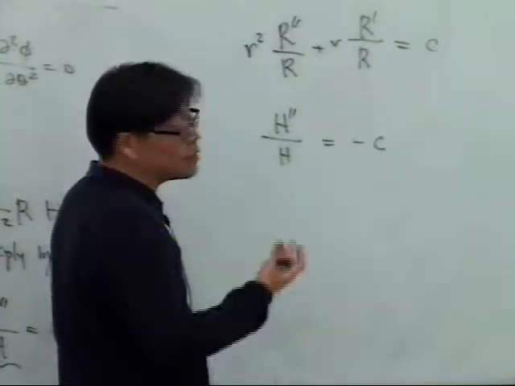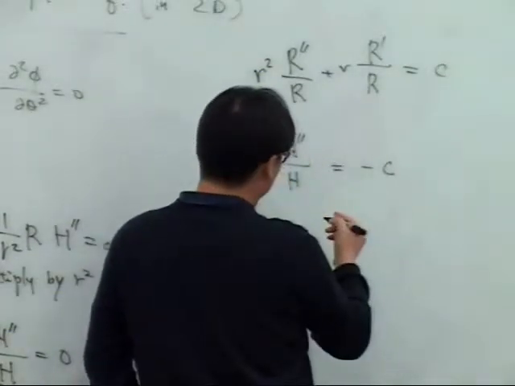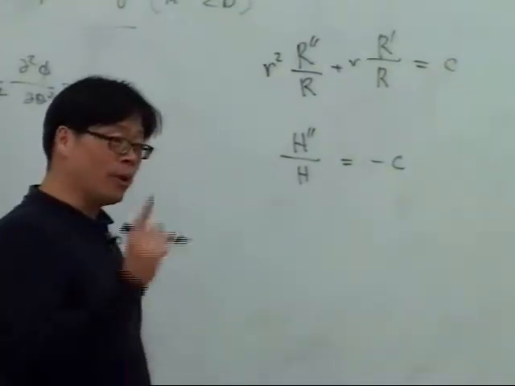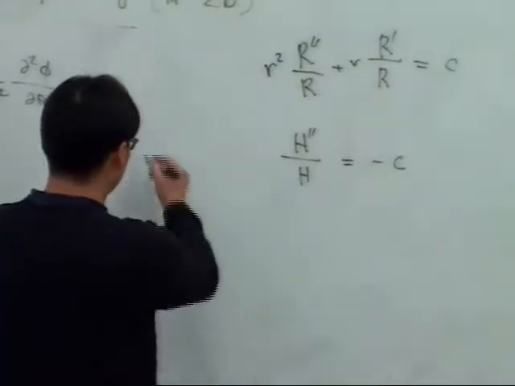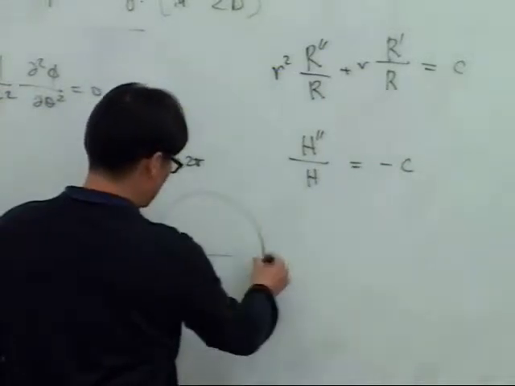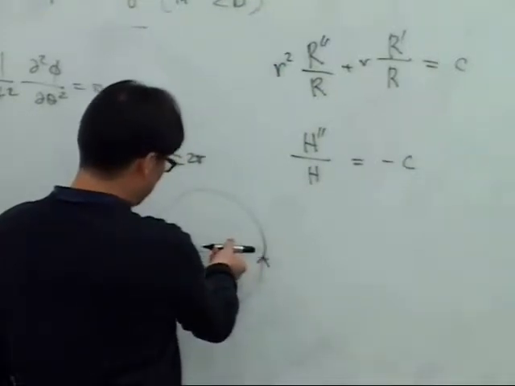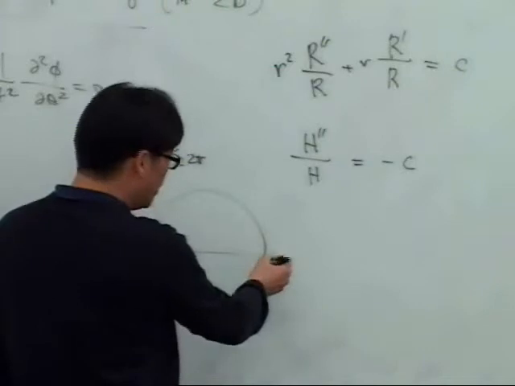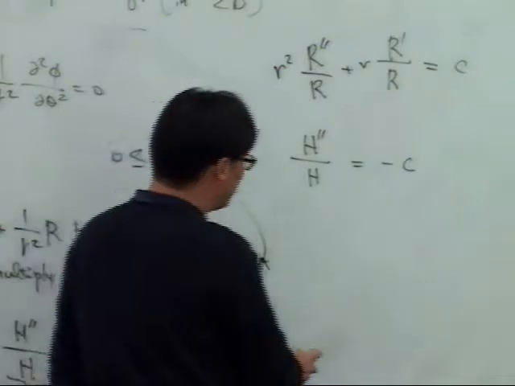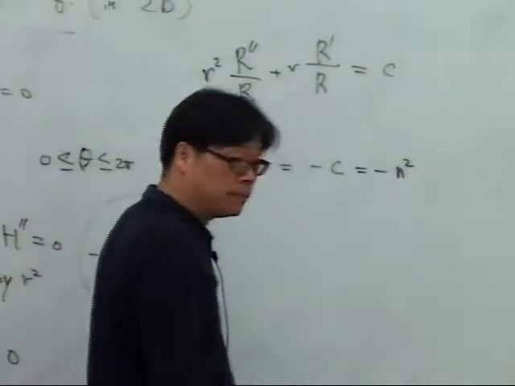At this time, I don't know what C is, but h is a function of theta, so the h function has to be 2 pi periodic, because theta changes from 0 to 2 pi. Whenever you go back to the original position, which means theta changes from 0 to 2 pi, you hit exactly the same point. So it has to be 2 pi periodic, meaning that this constant has to be an integer.